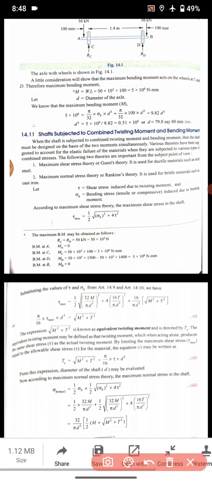So the first question will be tau max equals 1/2 under root sigma b square plus tau square. The second question will be the name of the theory of failure. So maximum shear stress theory is called Guest-Tresca theory, and maximum normal stress theory is called Rankine theory.